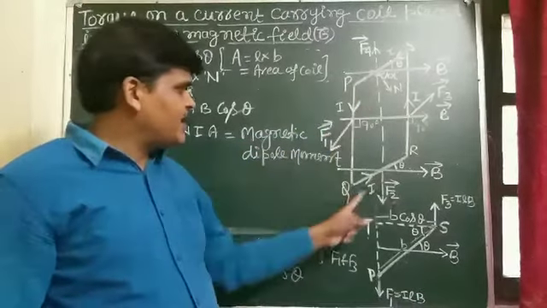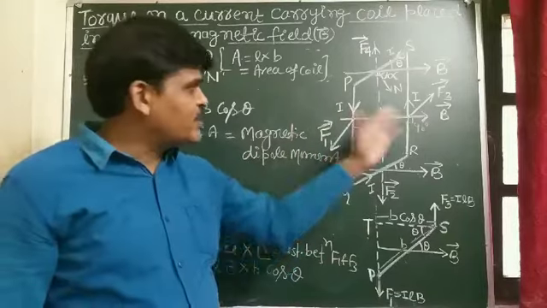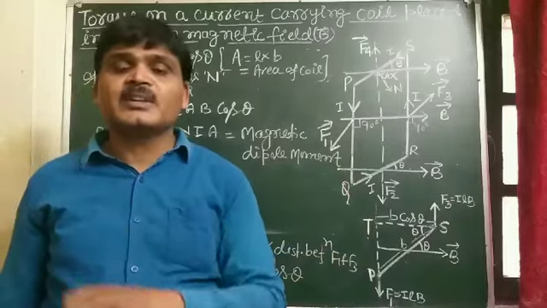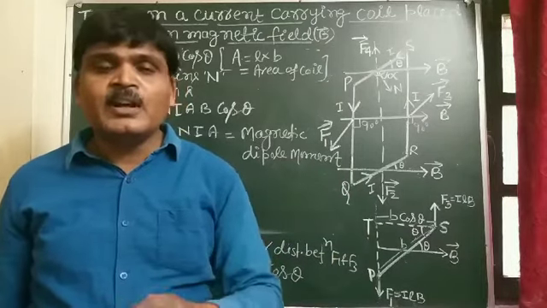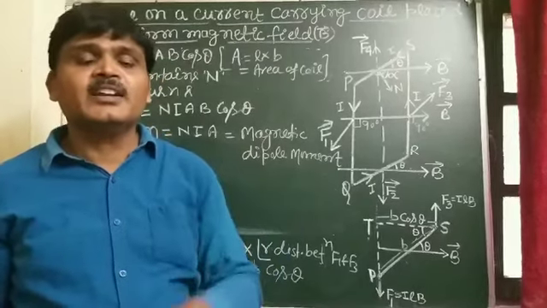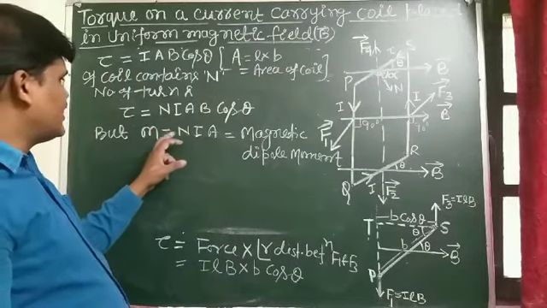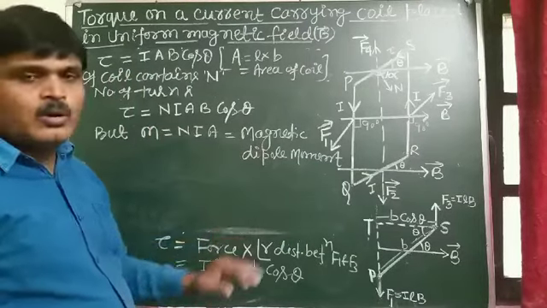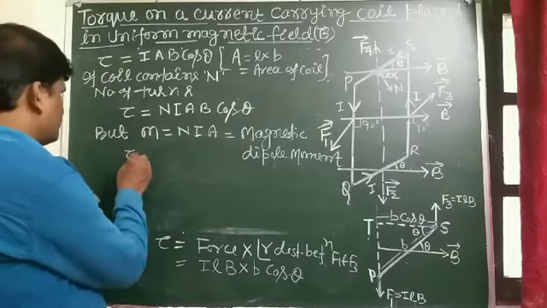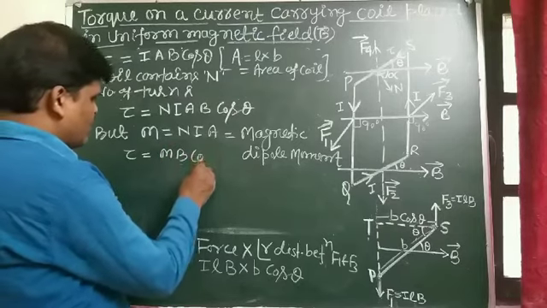So here PQRS, a rectangular coil placed in a uniform magnetic field, also behaves like a magnetic dipole, so it has a magnetic dipole moment NIA. And so the formula comes out to be tau equal to MB cos theta.